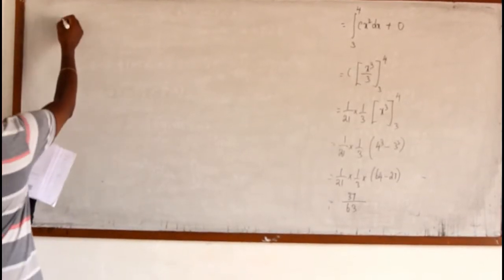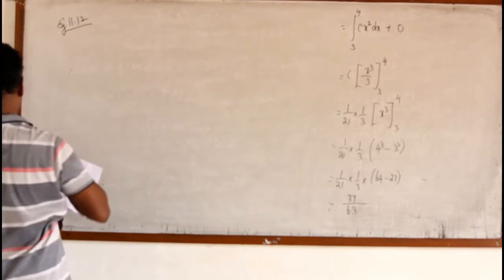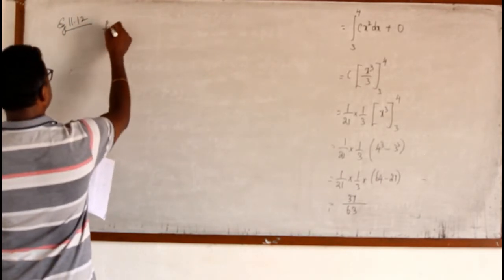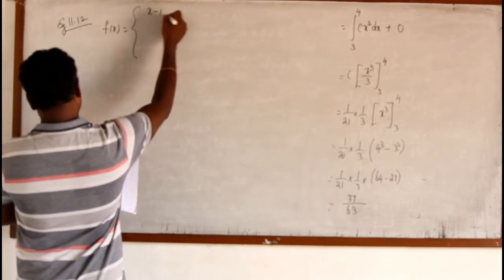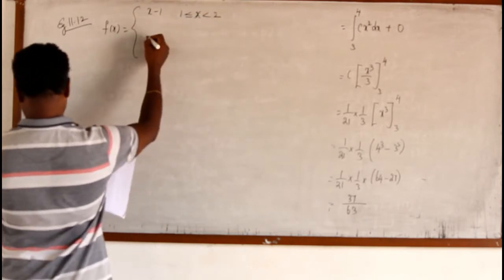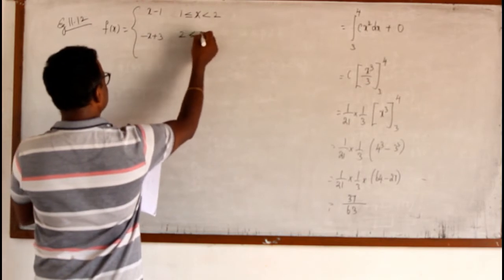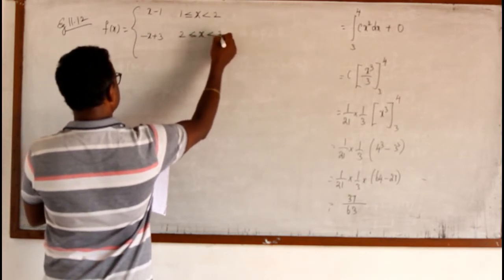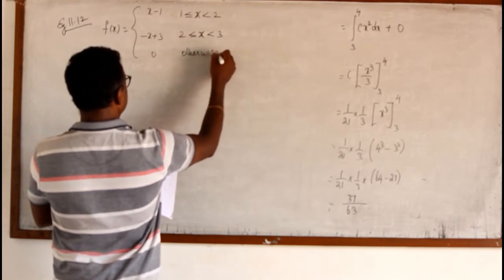Example 11.2.12. Given x is a random variable with the PDF f of x equal to x minus 1 for 1 less than or equal to x less than 2, minus x plus 3 for 2 less than or equal to x less than 3, and 0 otherwise.